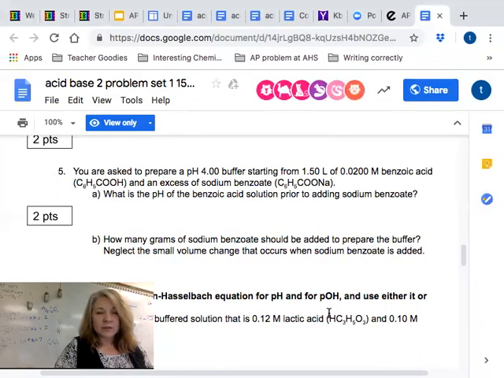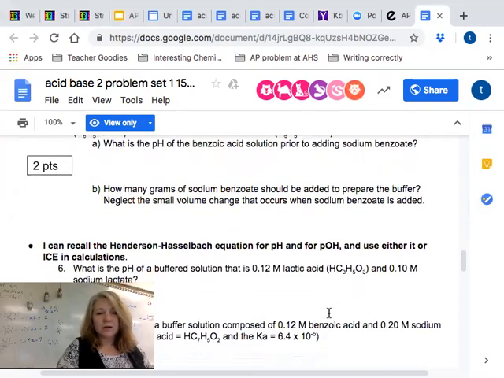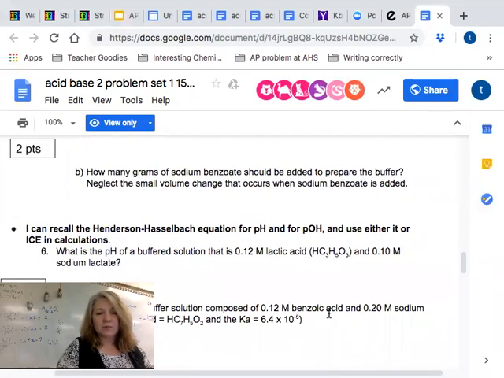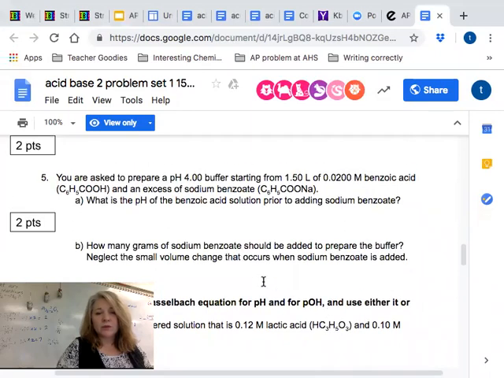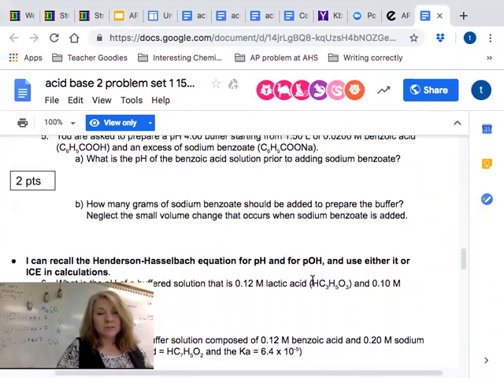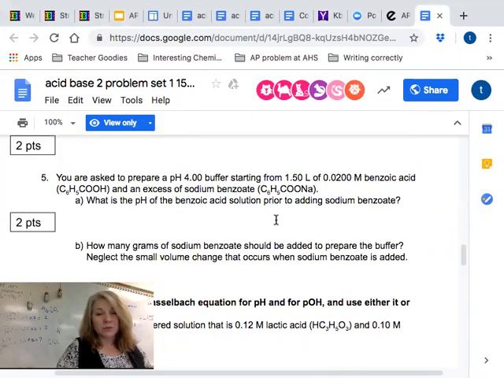Okay, number 5, you're asked to prepare a pH of 4, starting with benzoic acid and sodium benzoate. What is the pH of the benzoic acid prior to adding that? That's not hard. How many grams of sodium benzoate should be added? So if you're in moles, then you can figure out grams, I think. So once you figure out the information, it says excess sodium benzoate, and you need a pH of 4.